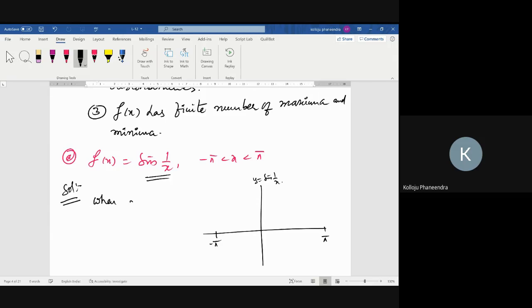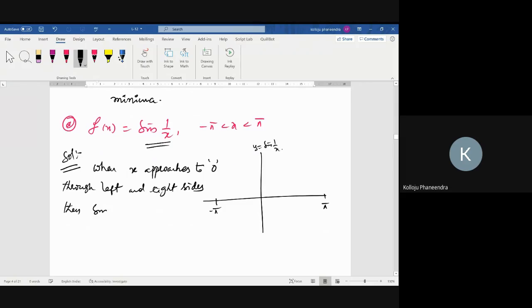When x approaches 0 through the left and right sides, that means left limit and right limit, sine 1 by x oscillates between minus 1 and plus 1 infinitely many times.